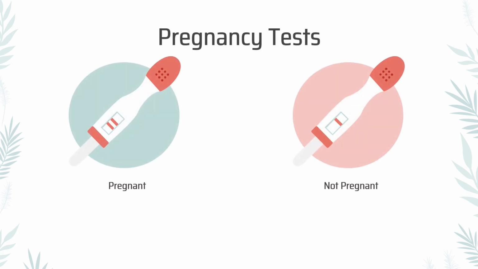Pregnancy test: in the laboratory test, detection of the human chorionic gonadotropin hormone in the serum and the urine based on immunoassay techniques can be done, and radiological diagnosis can be made using ultrasonography.